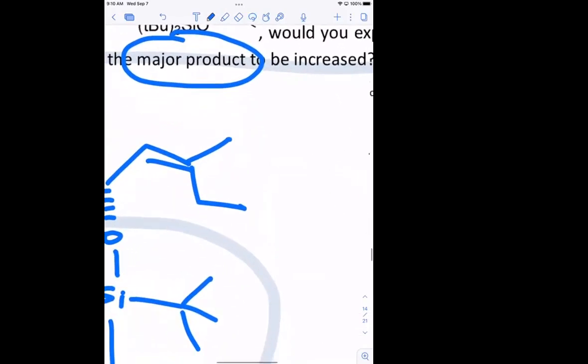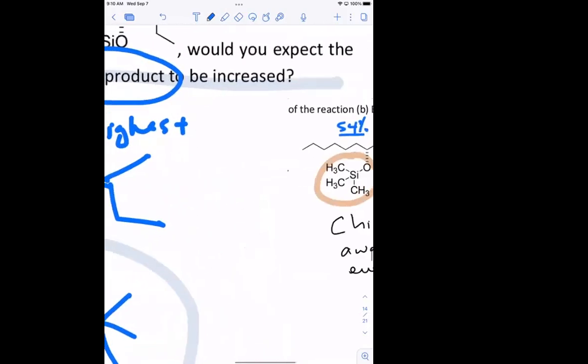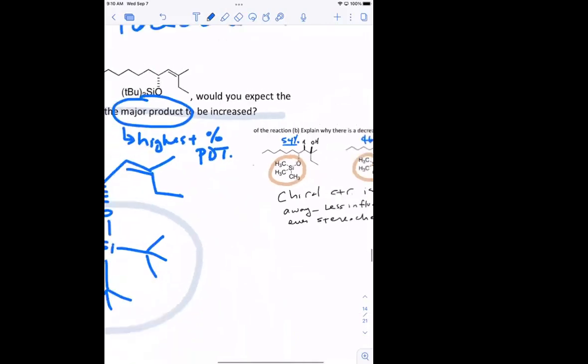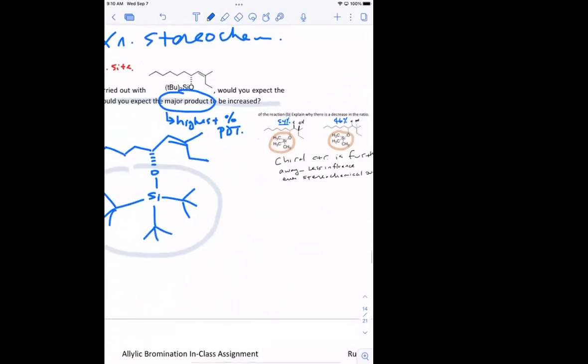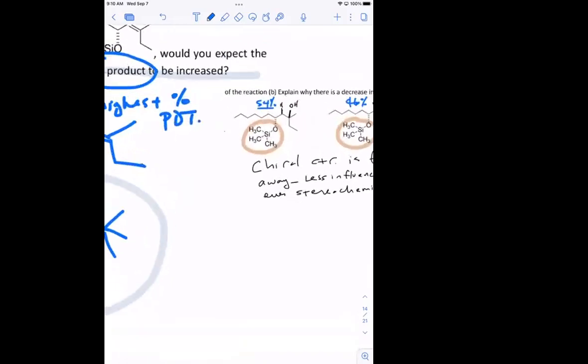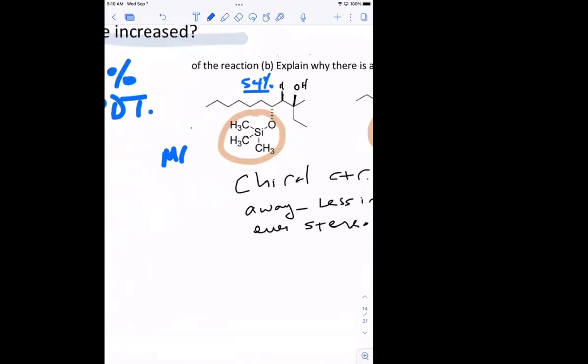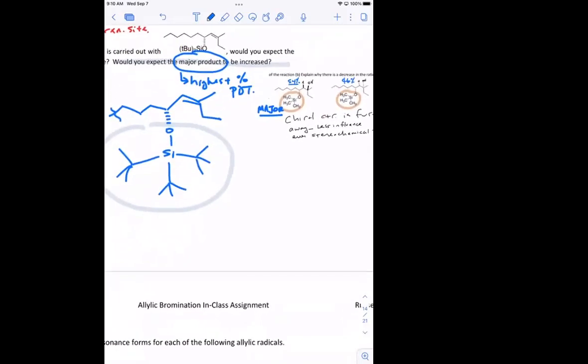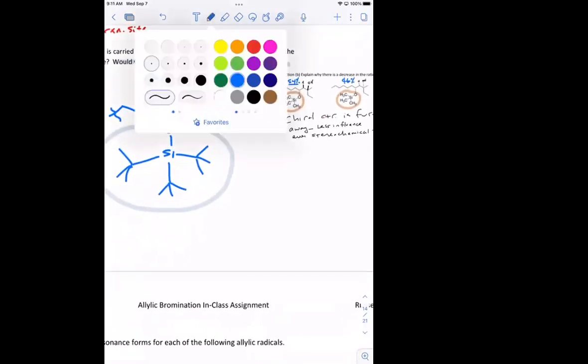So let me put that here. The highest percentage product. So this is 54%, and the other one's 46%. So 54 is my major product. All right, but if we did it on this, let's just draw the two products that we get from that.